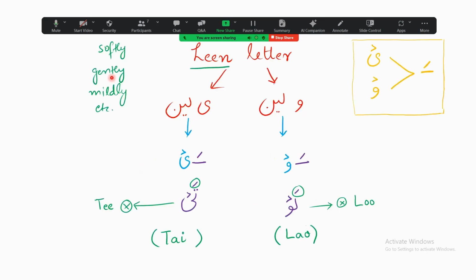I mentioned lean means softly, gently, mildly, lightly, or you can say in a relaxed, easy manner, whatever you want to say. Lean just means that there are two of these. And what is the case with these letters? Let's see. So the waw lean, we say the waw in a gentle manner. We make the waw lean when waw has a sakin.